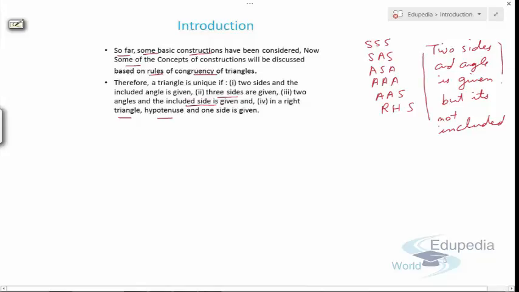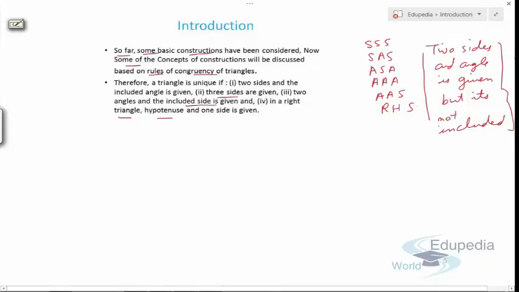And we have also learned through congruency that if the angle is not included, then we cannot use the congruency to prove that the triangles are congruent. The same way, if the triangle doesn't follow the rules of congruency, then it's not possible for us to construct a triangle. So we'll see how we can justify the rules of congruency while using the construction.